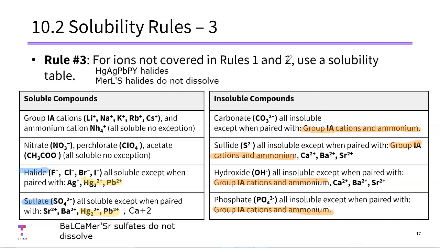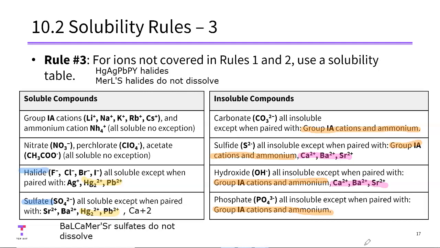The only exceptions here are related to a couple of heavy alkaline earth metal ions that will dissolve some of these basic ions. So sulfides tend to be basic, and we'll find that calcium and barium and strontium will dissolve them.